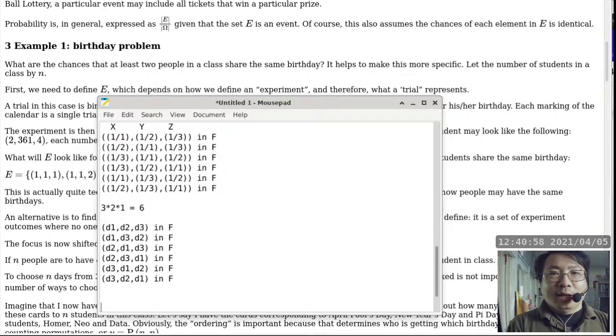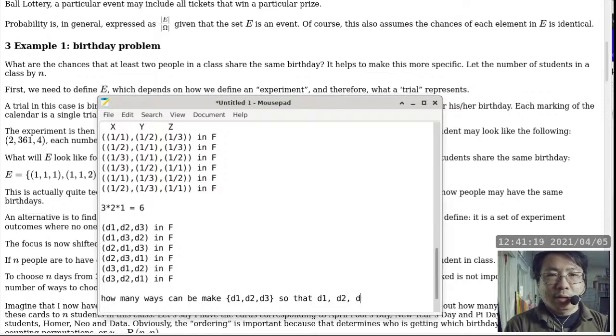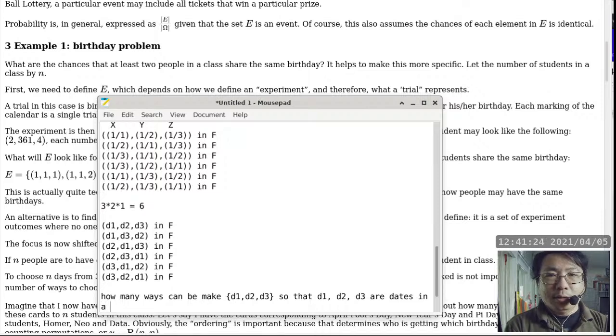So what we want to say is, how many ways can we make a set of D1, D2, D3, where these are dates in a year, but they are different? They're distinct.